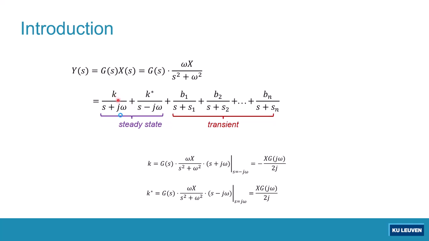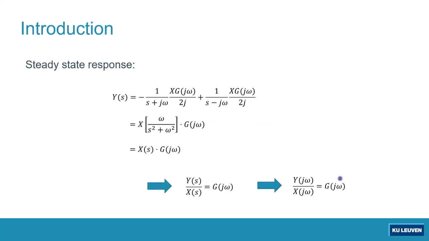Finding the coefficients k and k star, you can refer to the previous video on how to derive k and k star. We can conclude that k will be equal to minus X G(j omega) over 2j, and k star basically is just the conjugate of k. Having this k and k star, we can complete the Y(s).